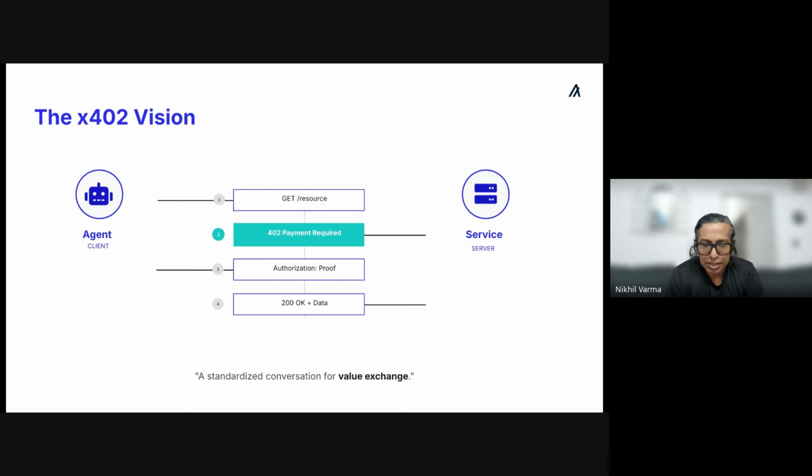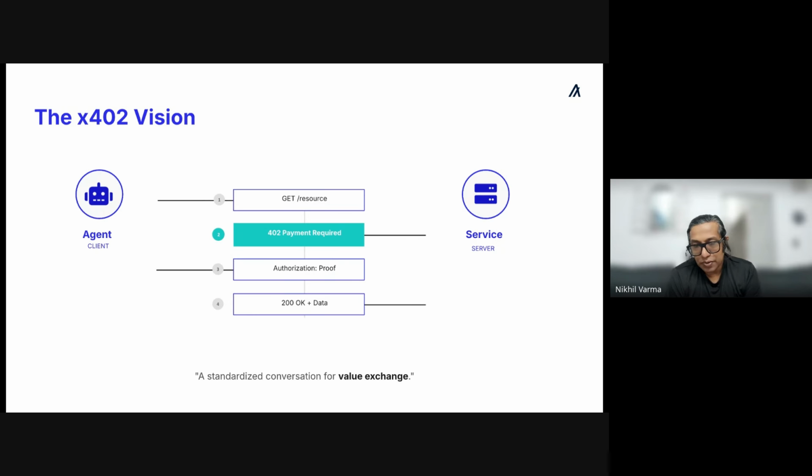So just at a very high level, of course, the demonstration was done already, but I just want to make sure we show it one more time. The way x402 works is by creating a standardized conversation for value exchange. Essentially what happens is whenever a service request is done using the GET, you ask for a resource, then the server sends out a payment request.